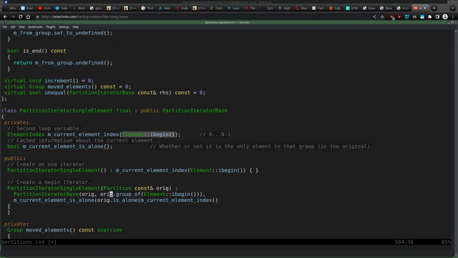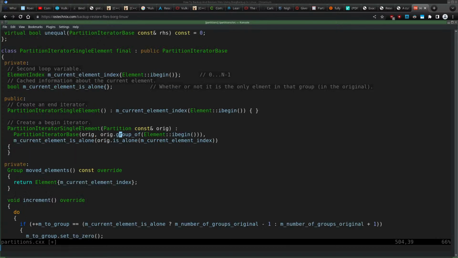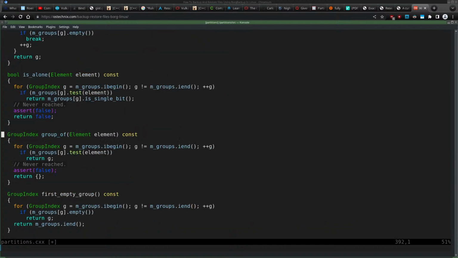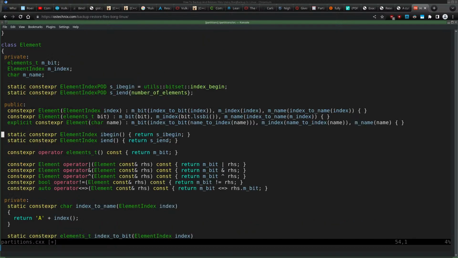Now group of takes an element as argument, yeah. And I begin returns an element index.